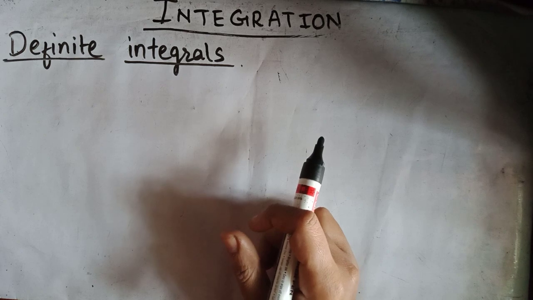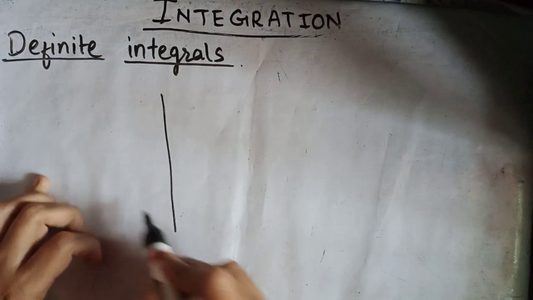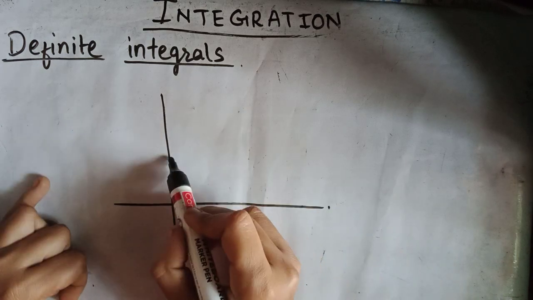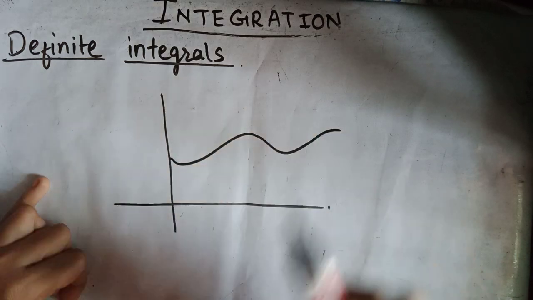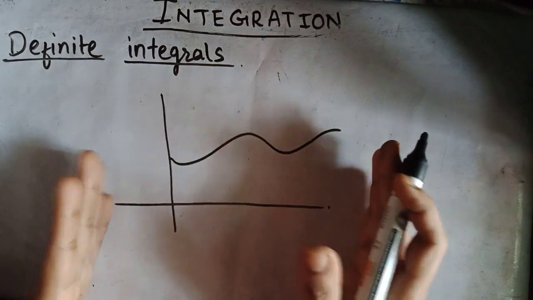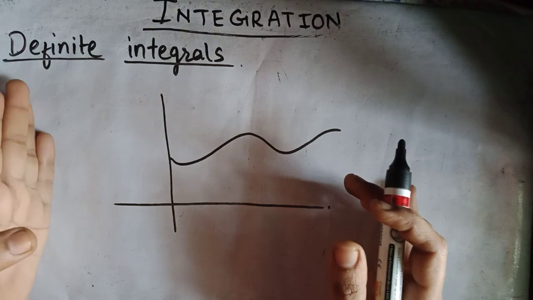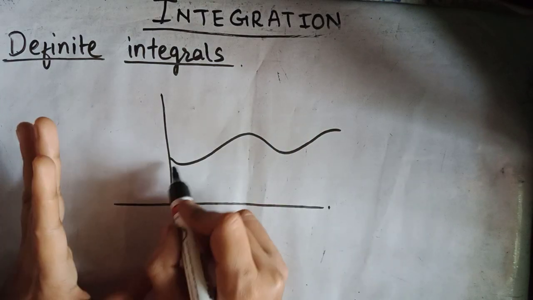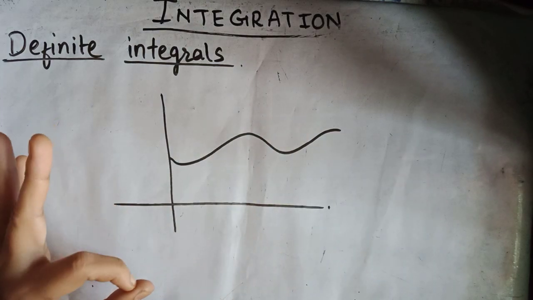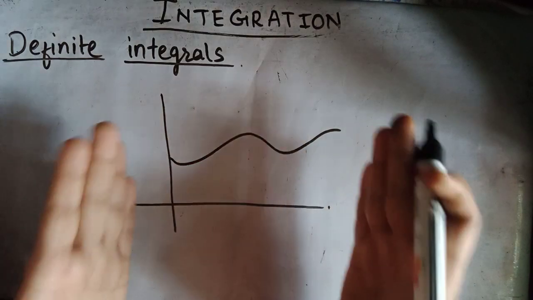If you are given some curve, we have to find the area under this curve, and this we do using integrals. In definite integrals, we can take the numbers, that is limits, from where to where we have to find the area.